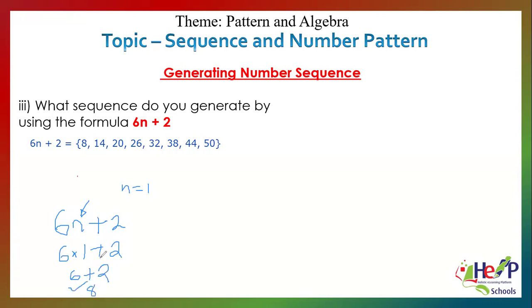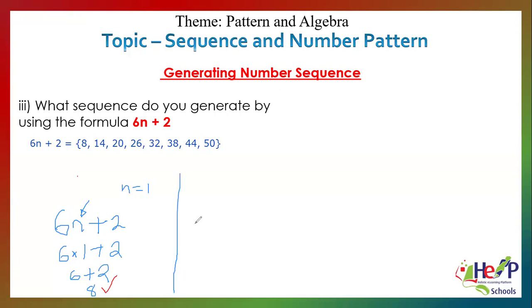So the 8 you're seeing in that sequence is got like that. So we want to see how to get 14. Someone should put up the hand and tell us how to get 14. Yes, Erisha J can tell us how to get 14.